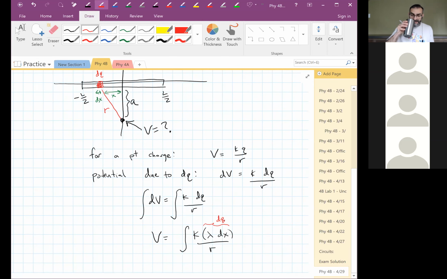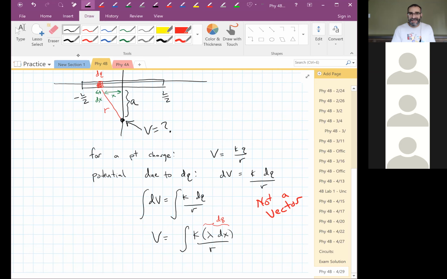What's different about this? So for 2 weeks, I've been pounding into your head, vector, break it up into components before you integrate, break it into components before you integrate.